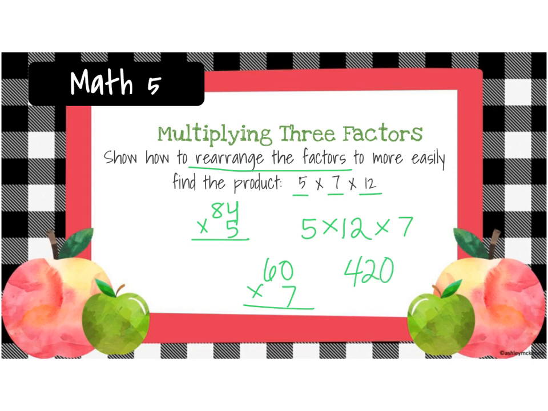So that's going to be 420. Okay, play with numbers to make it a little bit easier on you so that you can work the math a little quicker in your head. Okay? You all know 5 times 12, and you all know 6 times 7. So it's a lot easier to multiply it that way.